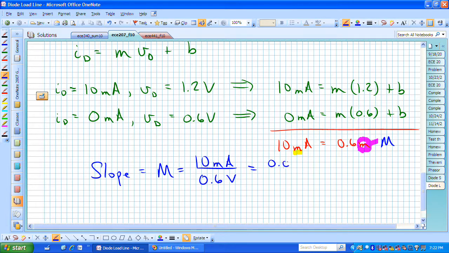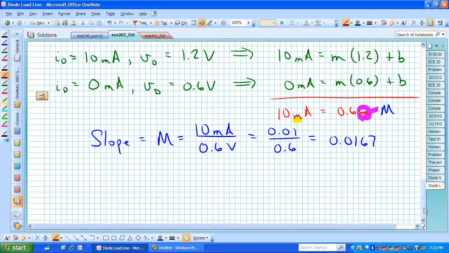So we have 0.01 over 0.6, which gives a value of 0.0167 for the slope.